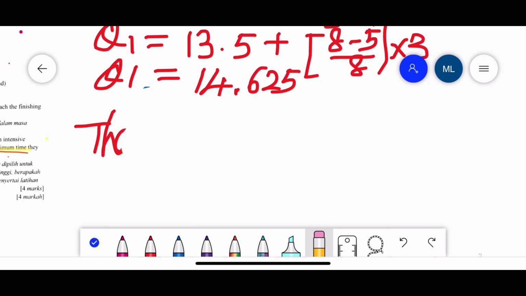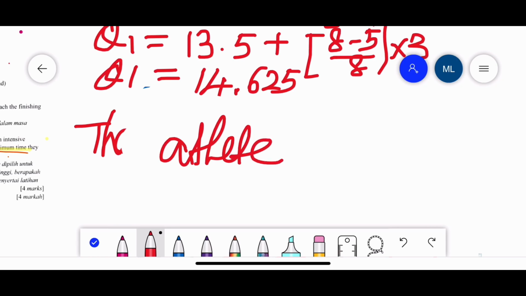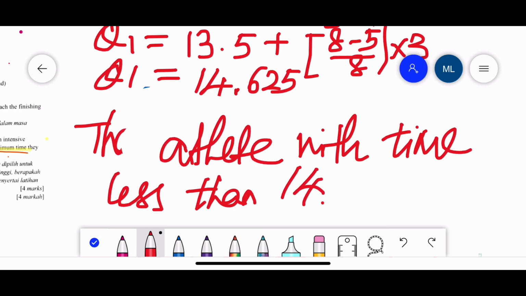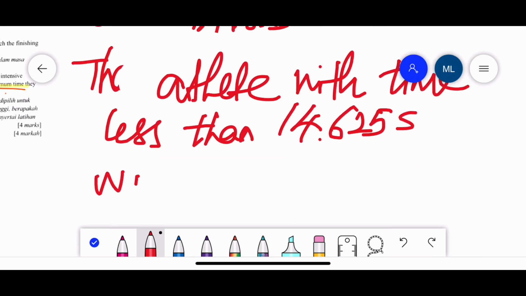Alright, so you have to write a sentence to explain the justification of your answer. The athlete with time actually is a maximum time. That means the athlete who achieves 14.625 or below, with time less than or equal to 14.625, will be qualified for the training program.